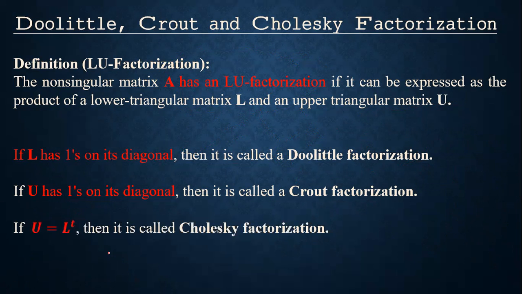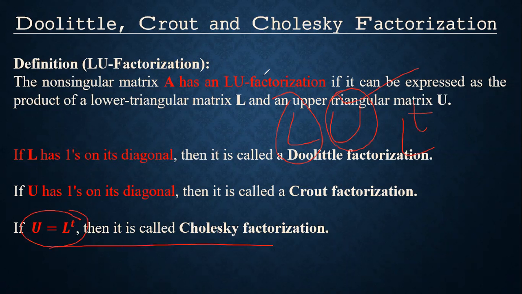Okay, and in the decomposition method, we take L and U. But if this U is equal to L transpose, if you replace this upper triangular matrix by the transpose of the lower triangular matrix, then that method is known as what?